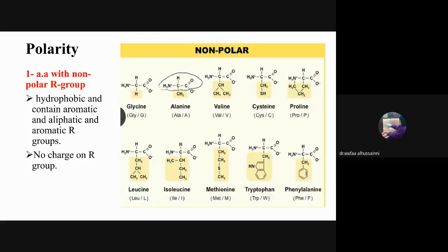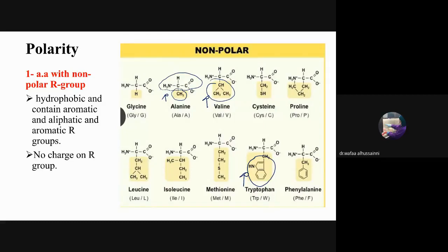This is the straight chain, and then we have an R. This is the R. Those R groups are non-polar, which means they have no charge, they are hydrophobic, and they may contain aromatic or aliphatic groups. Clear? I don't need you to memorize those amino acids, but if I show you an amino acid, you have to know.